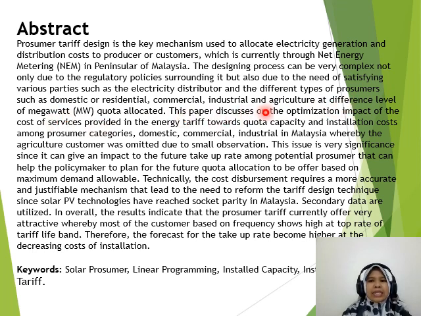This paper discusses the optimization impact of the cost of service provided in the energy tariff towards quota capacity and installation cost among prosumer categories in Malaysia, whereby the agriculture customer was omitted due to a small number of observations.